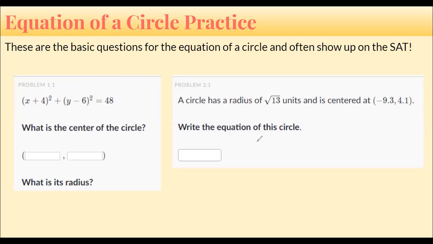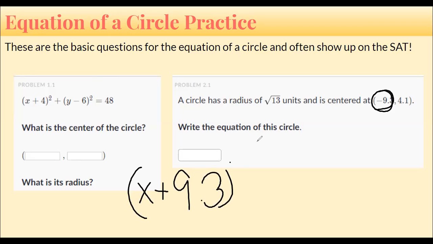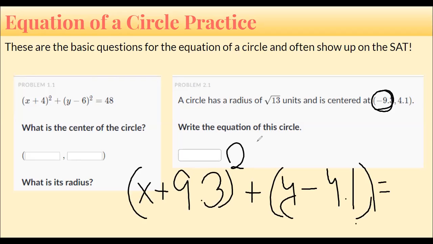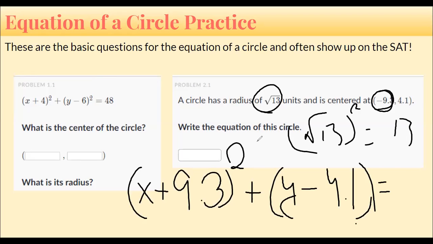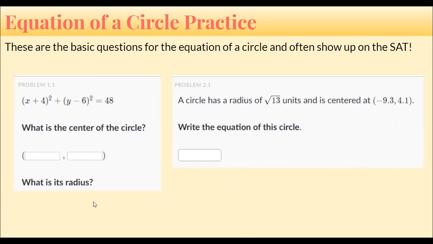We see that there's a -9.3, so x would turn into positive 9.3, squared, plus (y minus 4.1) squared is equal to, now we take the square of the radius. The square root of 13 squared is essentially just 13. So that's equal to 13, right? That's very easy. Okay, so let's move on.